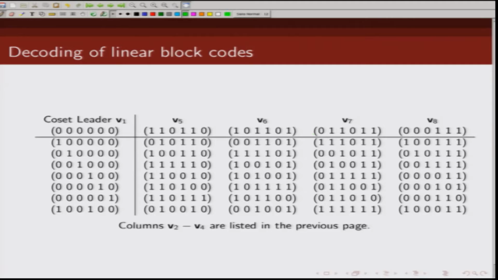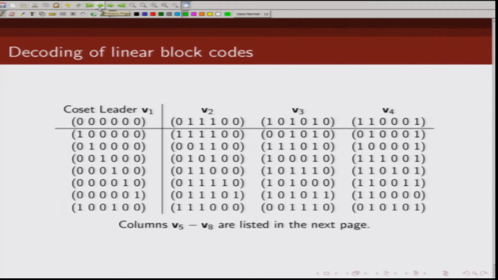So, we see we do not have n-tuples which have just Hamming weight 1; they have not appeared so far. So, this 1 0 0 0 0 0 has not appeared so far in the first row of this array. So, I pick this 1 0 0 0 0 0 as my first element.